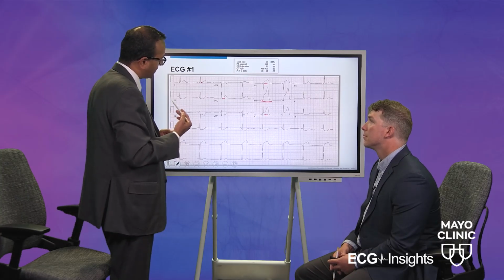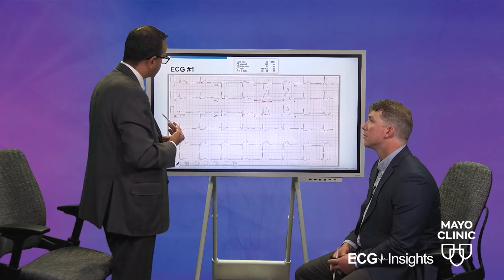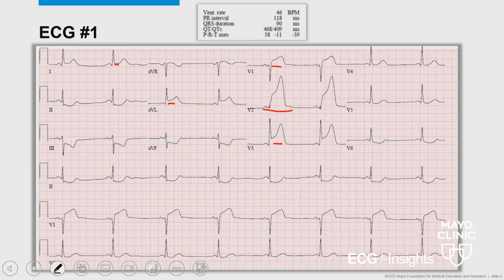For inferior wall MI, the reciprocal changes will be in the anterior leads. So here, as the MI is more anterior wall, you can clearly see ST depression in the inferior leads and inferolateral leads. This is suggestive of no ischemia there, but this is typical for the inferolateral changes which are reciprocal to these anterior wall leads.